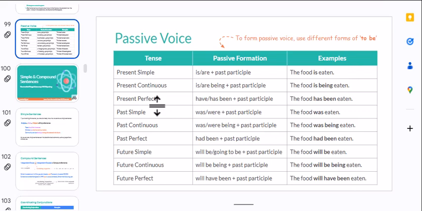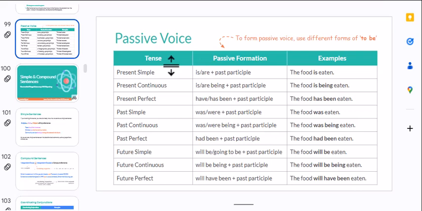In this column, we have the list of all the tenses. And here we have the structure for forming the passive voice. You will notice that depending on which tense we're talking about, we change the verb. This is the most focused part, and I added examples to be more clear and to help you more, but your focus should be on these columns.